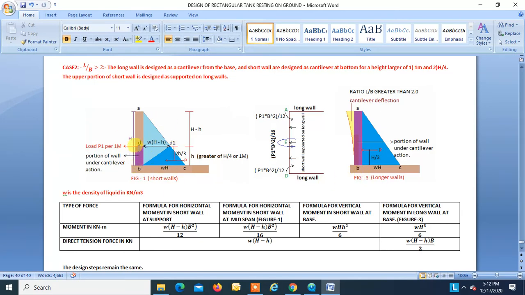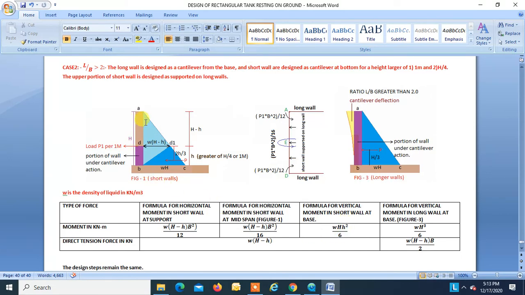In the short wall, this purple portion will act as a cantilever wall, for height h, where h is to be taken as the greater of h by 4 or 1 meter. This portion has to be designed for the cantilever action. The formula for vertical moment of the short wall at the base is given by W into h square by 6.